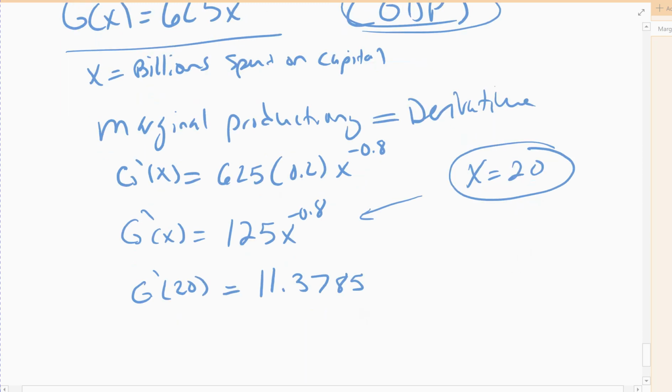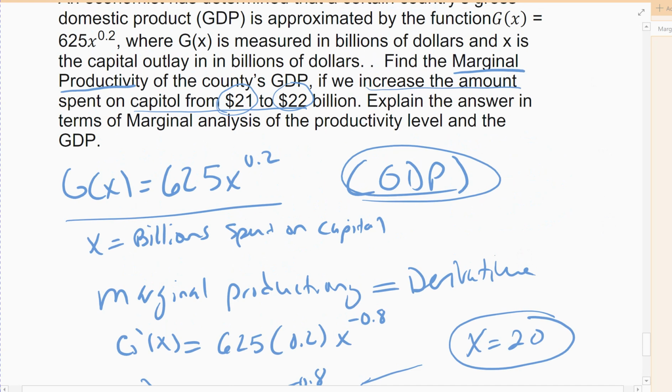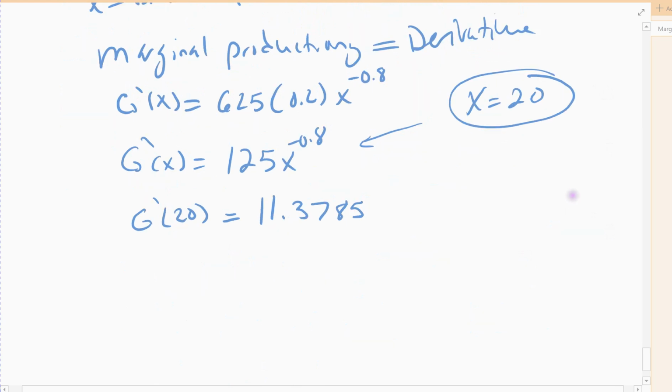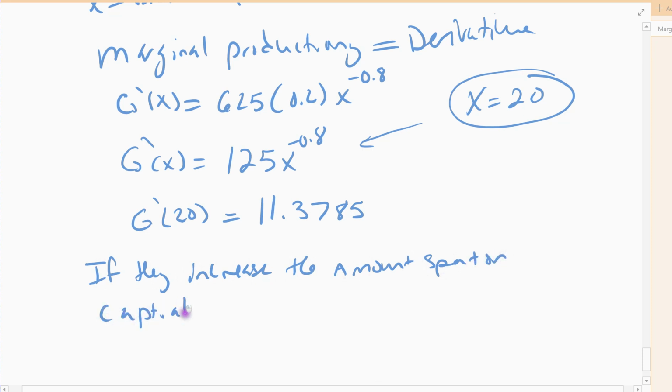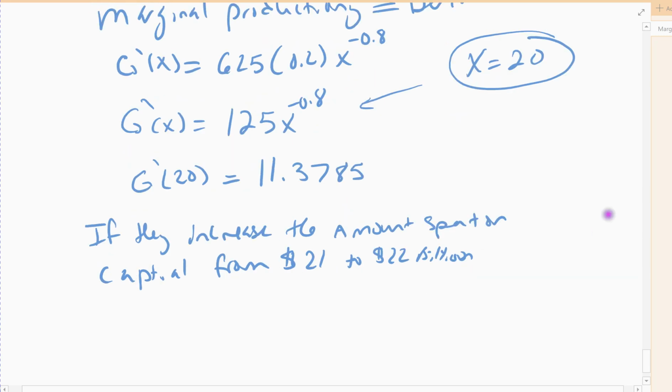All right, and now it's the analysis part. What does that mean? Explain your answer in terms of marginal analysis of the productivity level and the GDP. If they increase the amount spent on capital specifically from 21 to 22 billion, that specific billion, if I picked a different billion, I'd get a different answer.